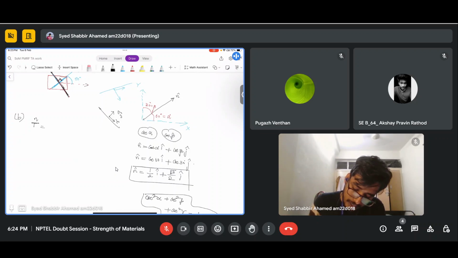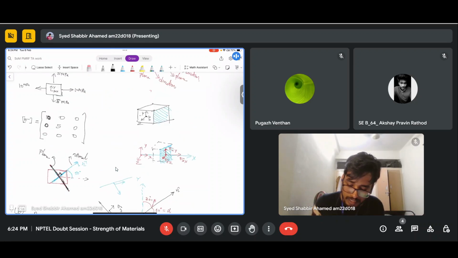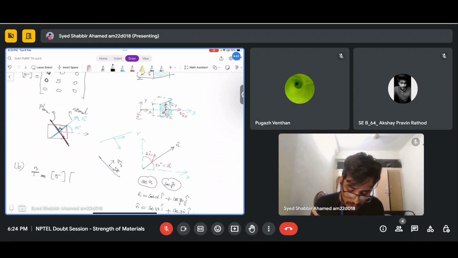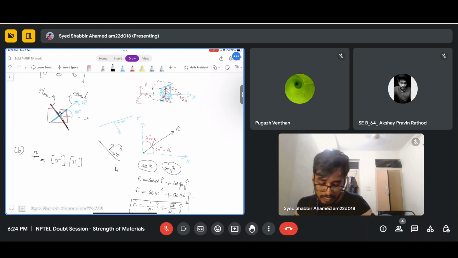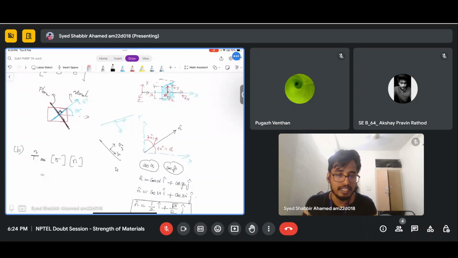Stress vector can be given as the stress tensor, which we have got, into n. You can say it is the dot product of the stress tensor and the normal.